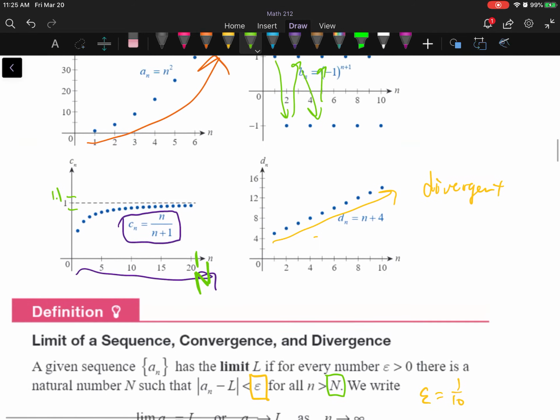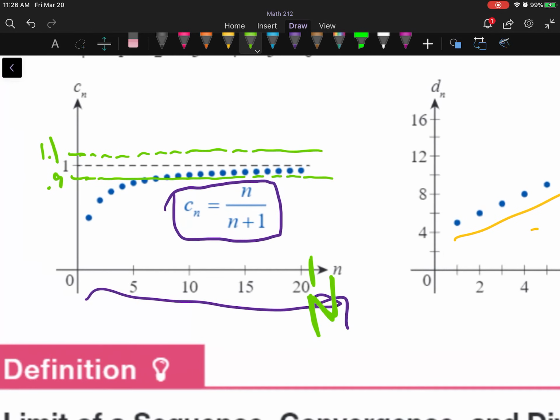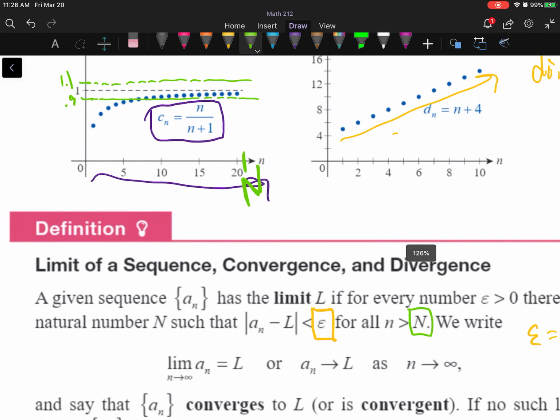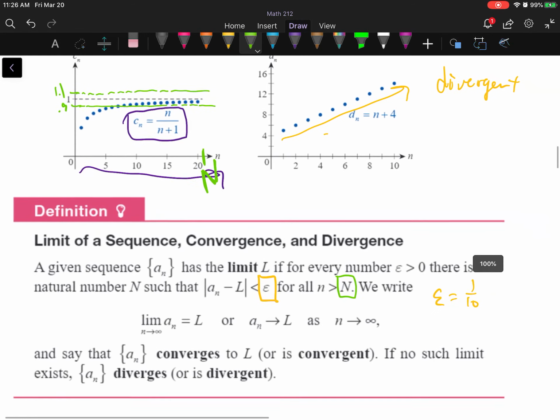There we go. 1.1 and 0.9 as our error bounds here. But what we're saying is as n goes on, we're always going to be within that error bound as long as we pick our big N to be a big enough number.